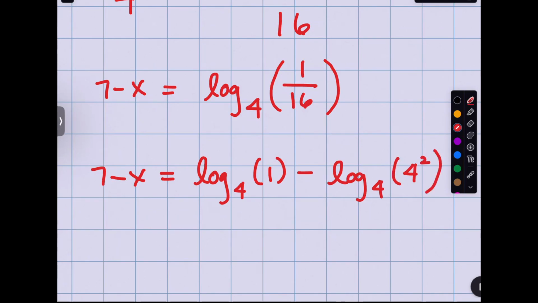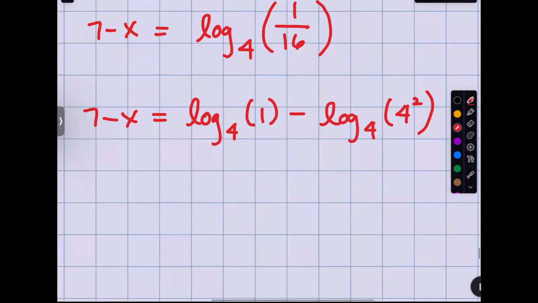Is that true? What's log base 4 of 1? Anybody? What's log base 4 of 1? This is the reason why we have the point (1, 0). Log base anything of 1 is 0. ln of 1 is 0.